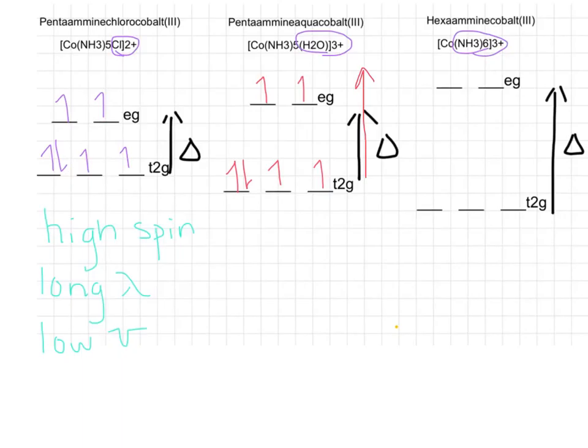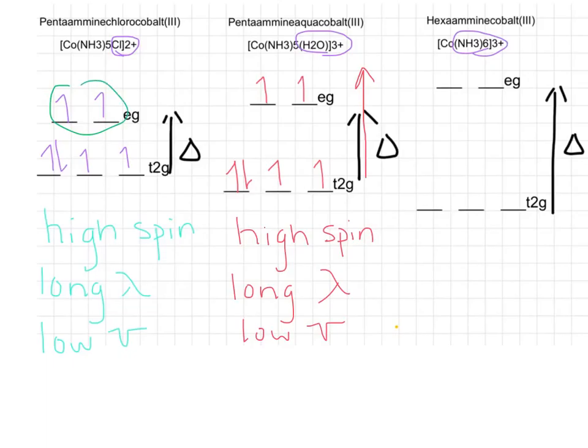Because the ligand is also weak, it shares the same properties as the pentaamine chlorocobalt 3 complex ion. Because both of these ions have unpaired electrons, they are paramagnetic.